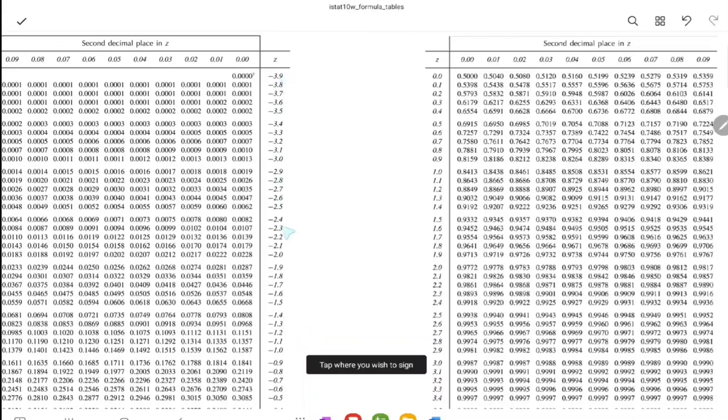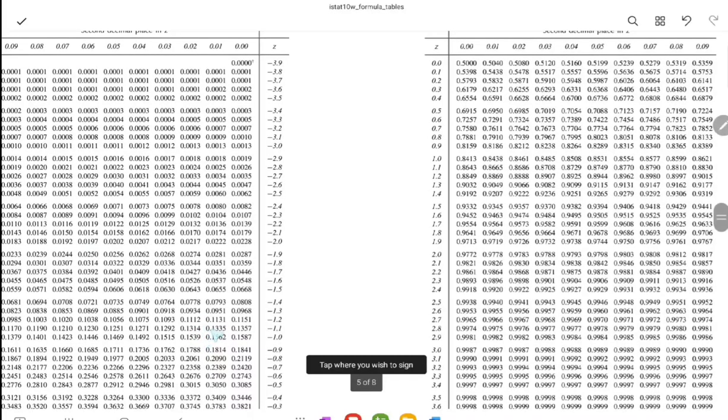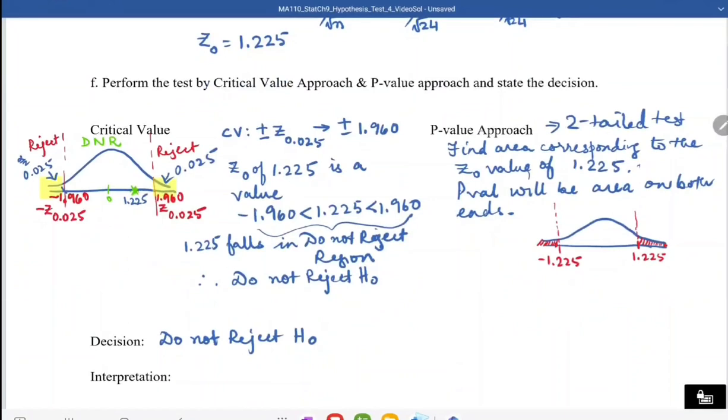So negative 1.22 is negative 1.111. All right, negative 0.111 here to the fourth place. But we have to multiply that by 2. So let me go back here.